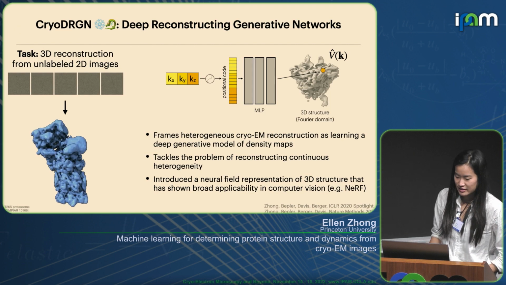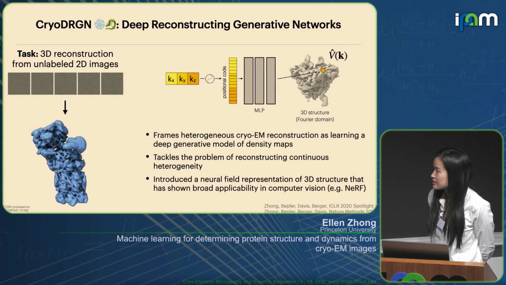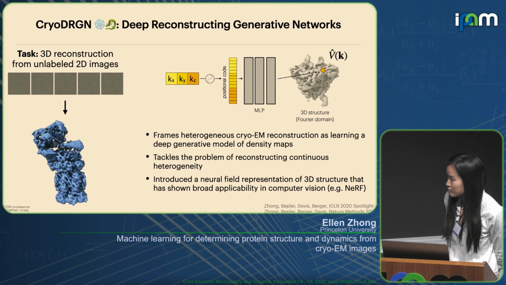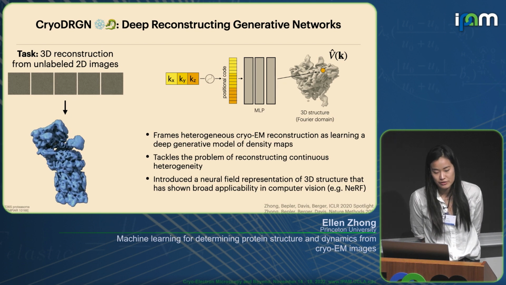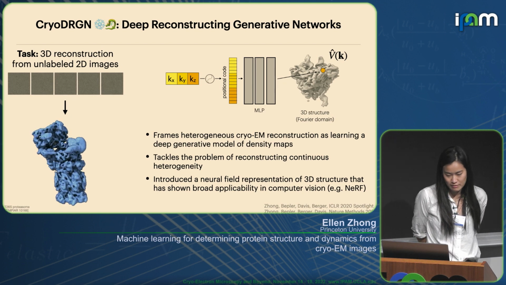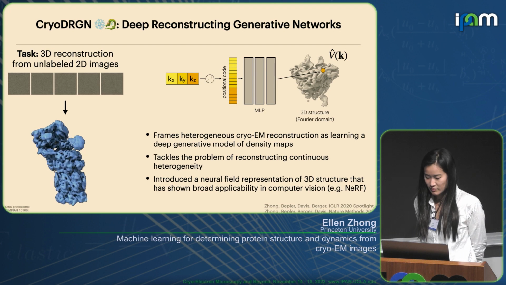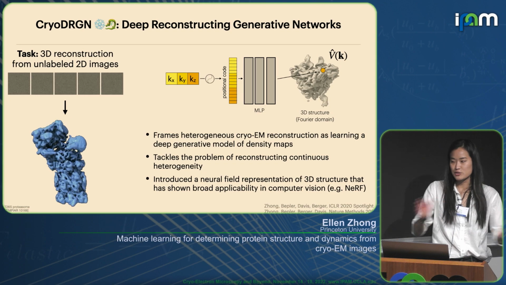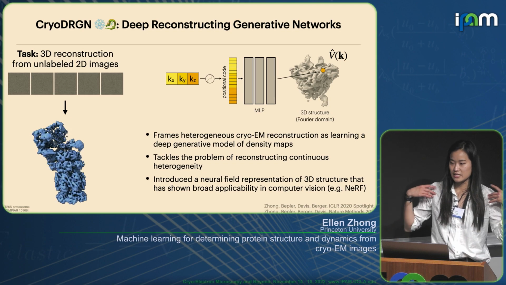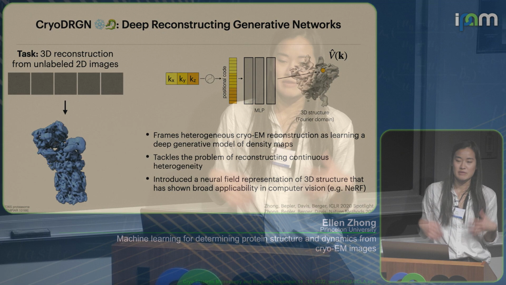So the method that we developed is called CryoDRGN. It stands for Deep Reconstructing Generative Networks. And here the task is 3D reconstruction of a continuous distribution of structures directly from unlabeled 2D images. The main hypothesis starting out was that there's been this crazy development in large-scale machine learning, or basically neural network-based modeling techniques that can really model complex distributions using deep neural network architectures.